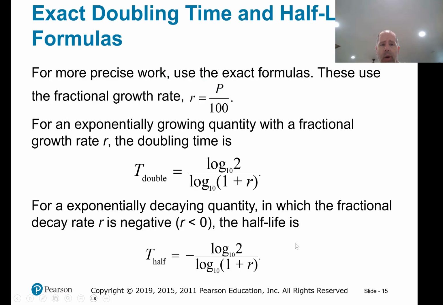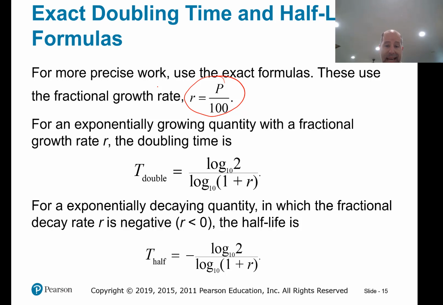Now, what if we want to know the exact doubling time and half-life? Well, here are the two exact formulas, and these involve logs. So the doubling time is given by, again, by the way, we use R, which is the growth rate, as a decimal. So we take the percentage and divide by 100.